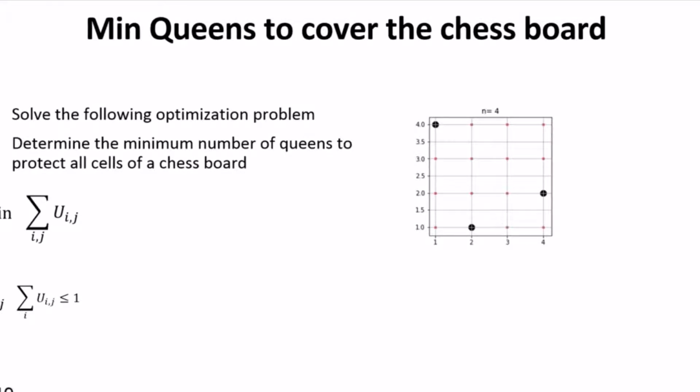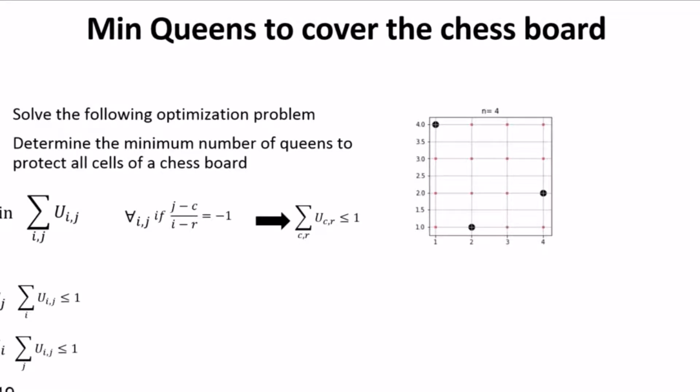For every given column j, summation over i should be less than or equal to 1. It means that not more than 1 queen can exist on each column, not more than 1 queen can exist in each row, and also on each diagonal the number of queens should be less than or equal to 1, so it can be 1 or nobody.